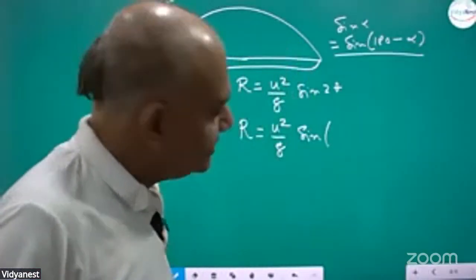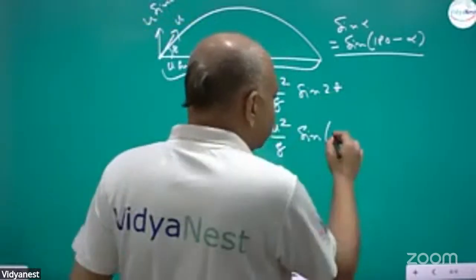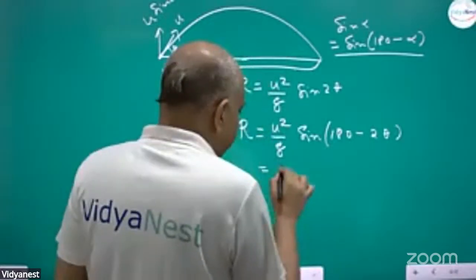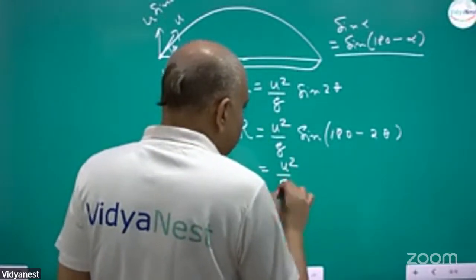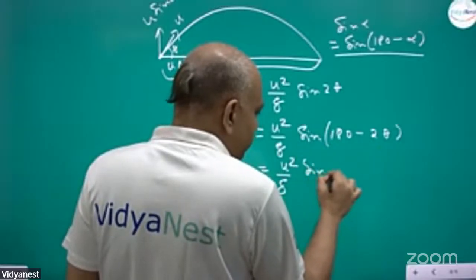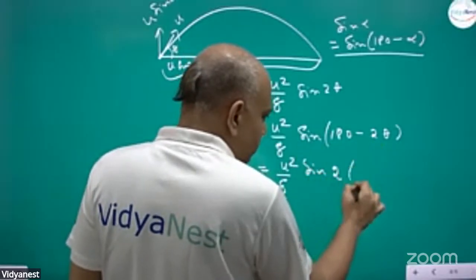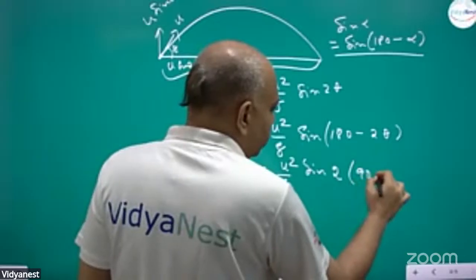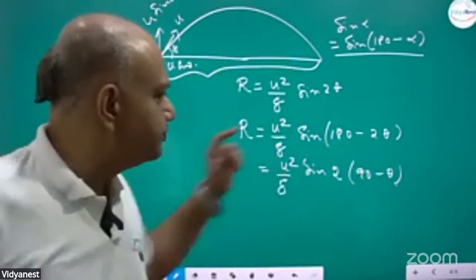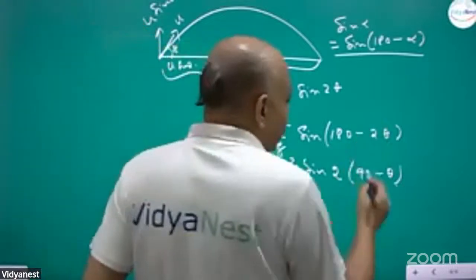Yes, sir. The same thing: sine 2 theta is equal to sine of 180 minus 2 theta. Therefore, u square by g, and if I take 2 common from these two, I can write 90 minus theta. Right. So let's think about this.